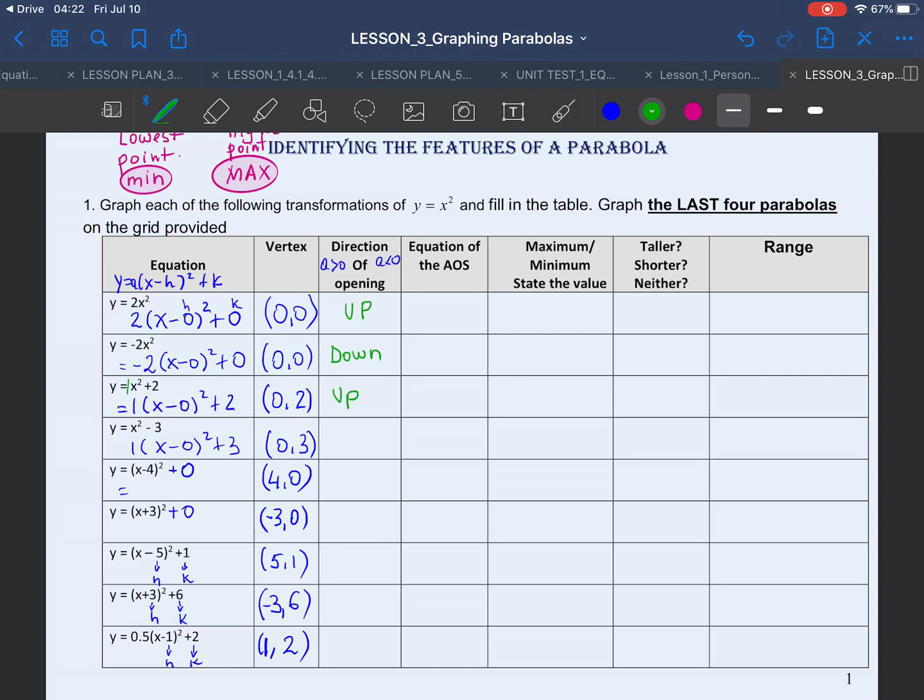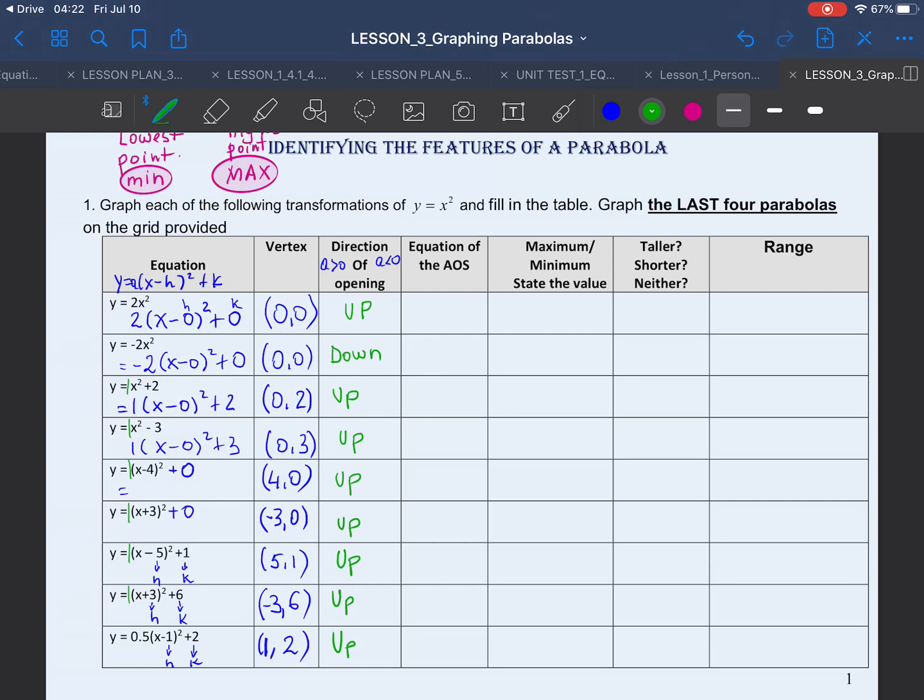Now this time a is positive, so positive 1, opens up. Positive 1 again opens up. And we have all positives, right? The value doesn't really matter. So it seems that the rest of the parabolas will open up.